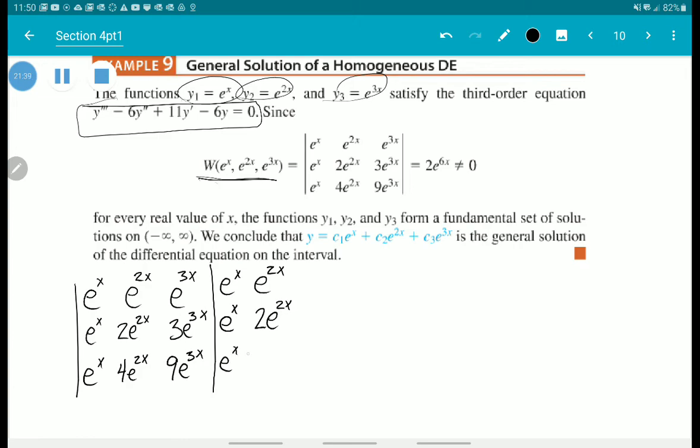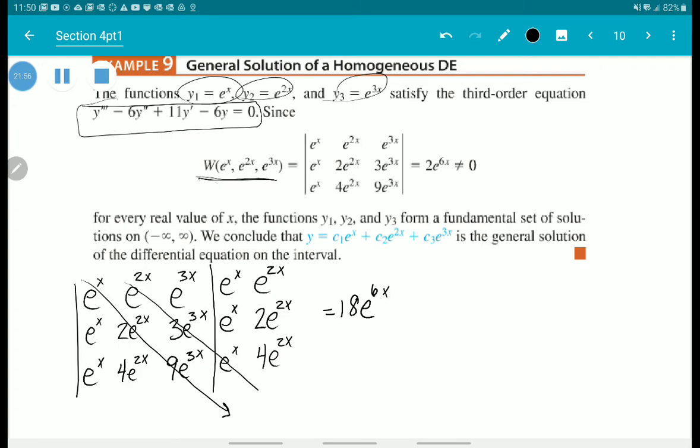The other option is row expansion, which we talked about in linear algebra. And then you multiply down the columns, down the diagonals. So we're going to have 18e to the 6x.